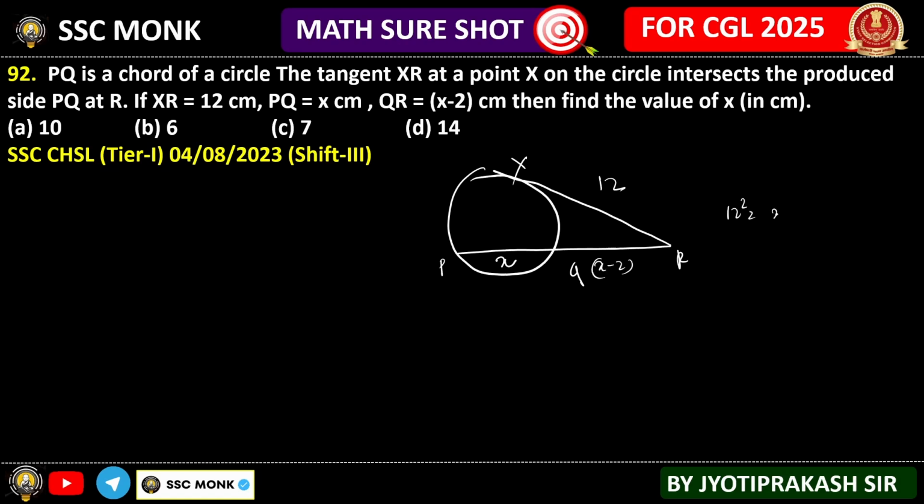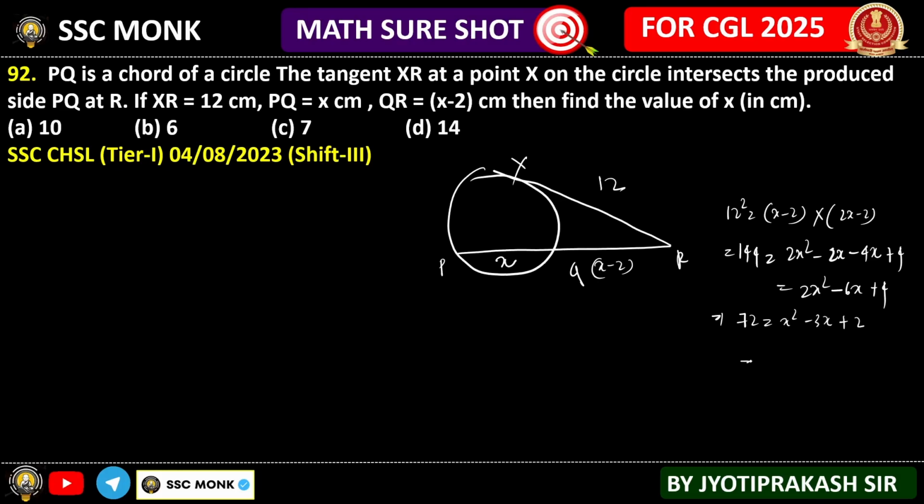So 12 square is equal to x minus 2 into 2x minus 2. So 144 is equal to 2x square minus 2x minus 4x plus 4. That can be written as 2x square minus 6x plus 4. Or if I divide it by 2, it will be 72 is equal to x square minus 3x plus 2, or x square minus 3x minus 70 is equal to 0.